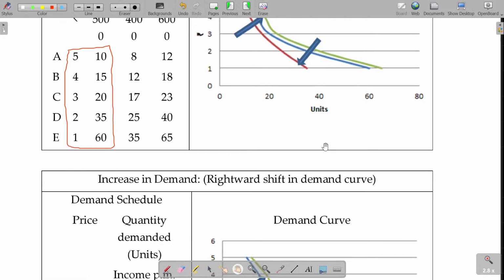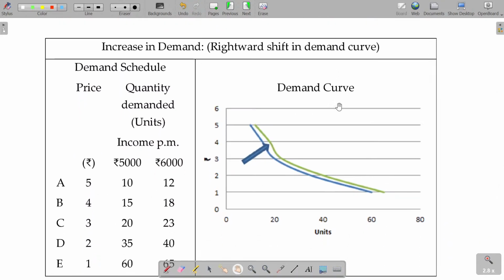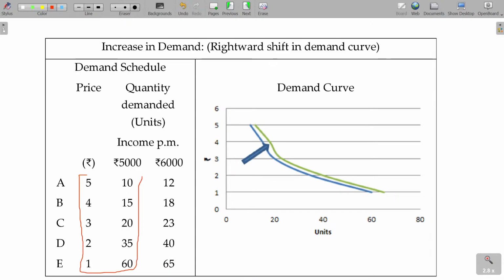Clear? Let's see here. For the existing case, this will be the curve. When the price is 5, quantity demanded is 10. When the price is 1, the quantity demanded is 60.